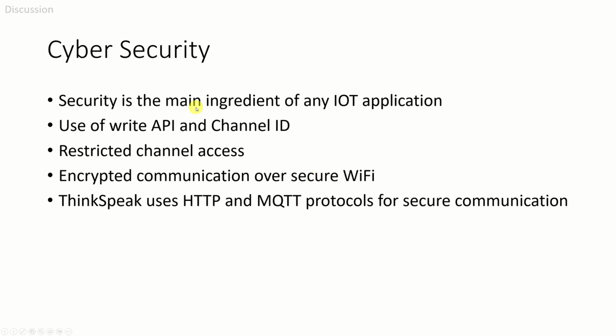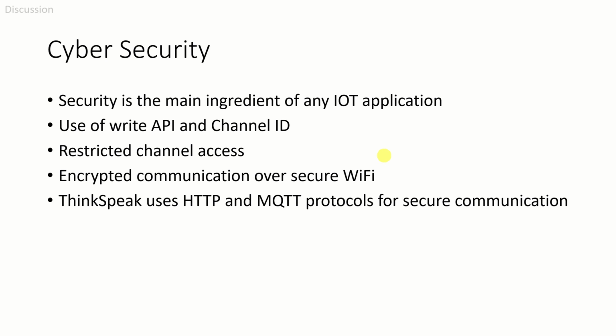So at the end, a little bit about cyber security. As we know, security is the main ingredient of any IoT application because it communicates over a network. Here we are using the write API key and channel ID, which are like credentials and provide us security.